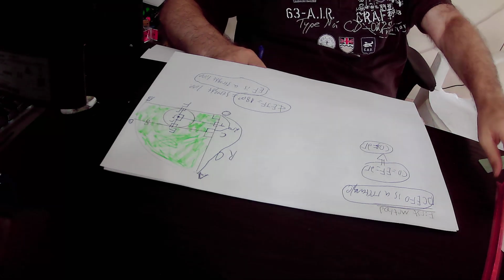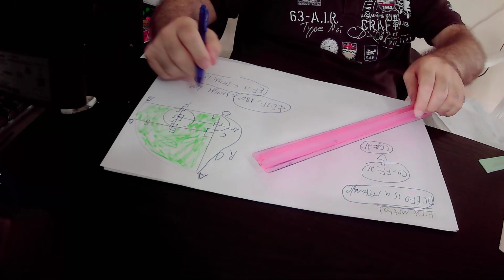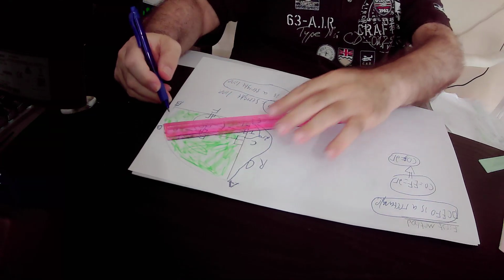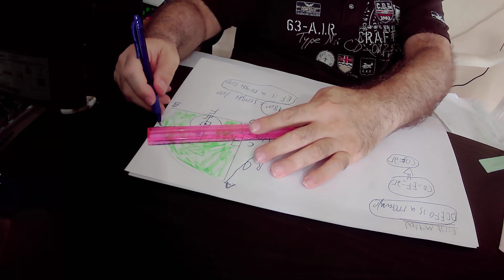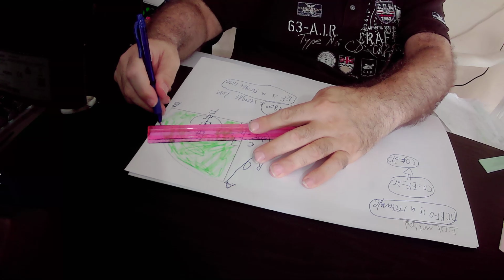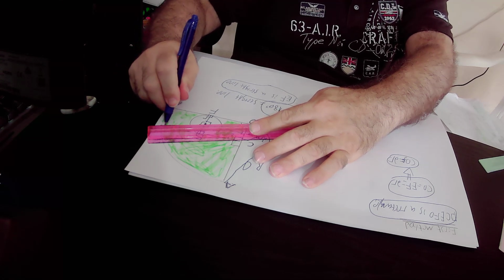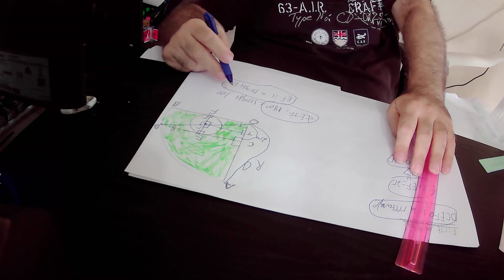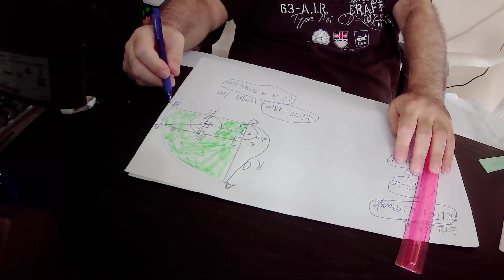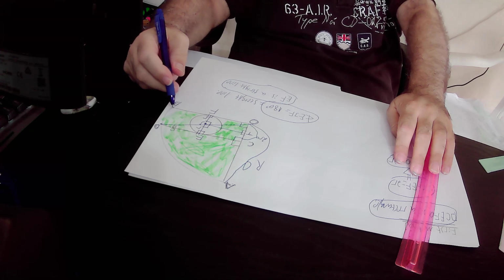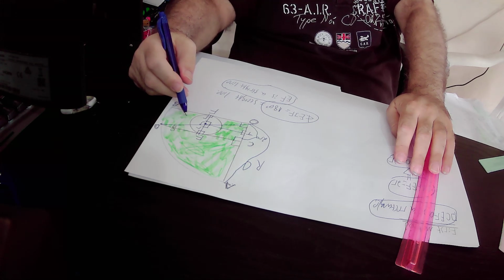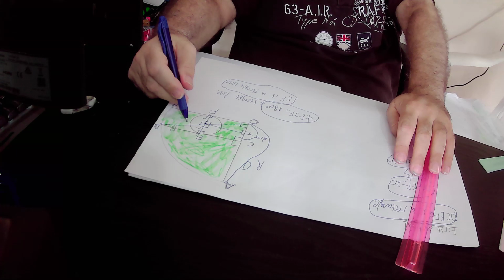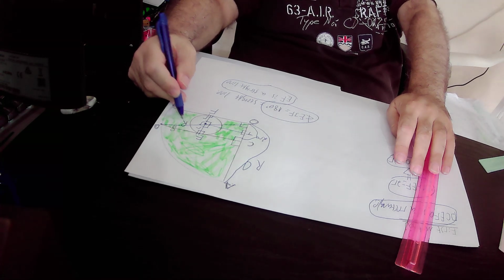In the next step, we join points D and O together by a straight line. Point O is the center of the quarter circle, point D is a point on the quarter circle itself, therefore OD is the radius of the quarter circle that is equal to capital R according to our definition.